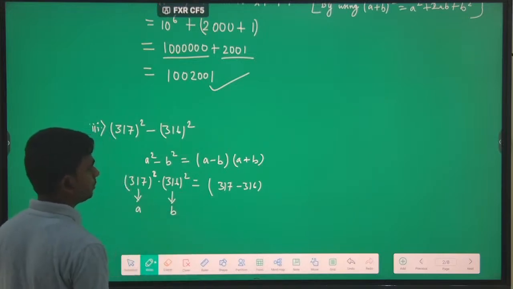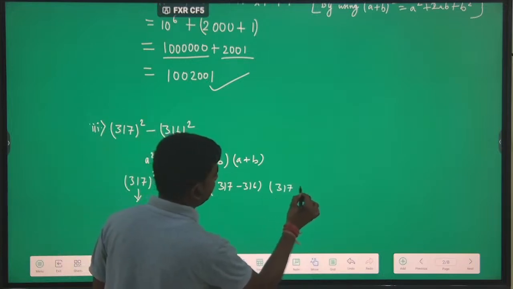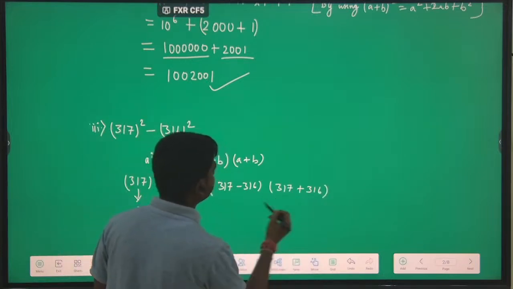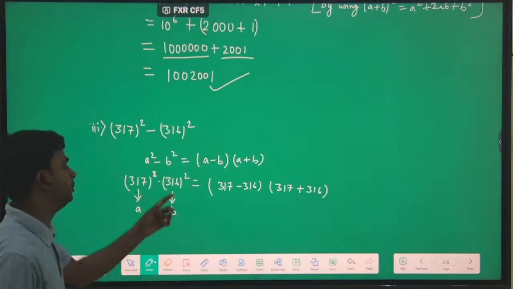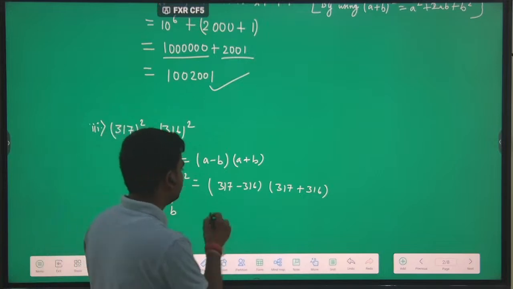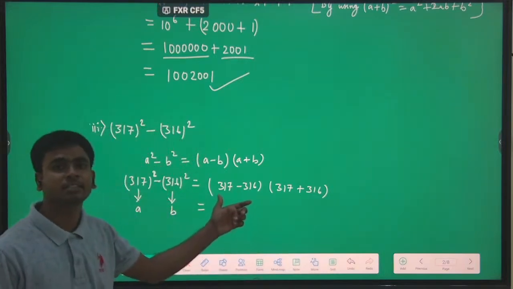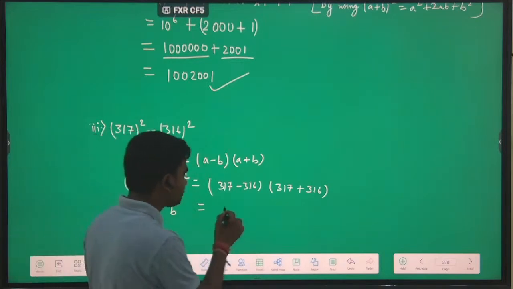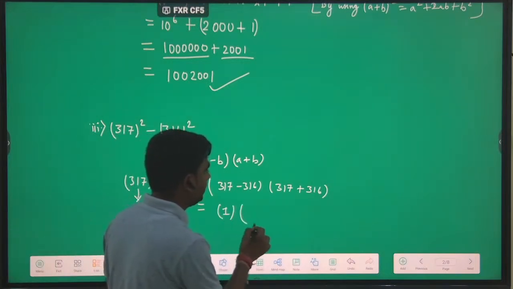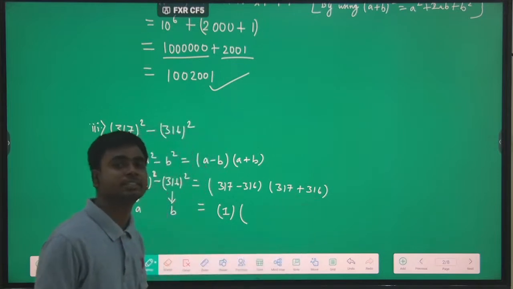A square minus b square is equal to a minus b multiplied with a plus b. By using the formula, the value of 317 minus 316 is 1, and it will be multiplied with the value of 317 plus 316.